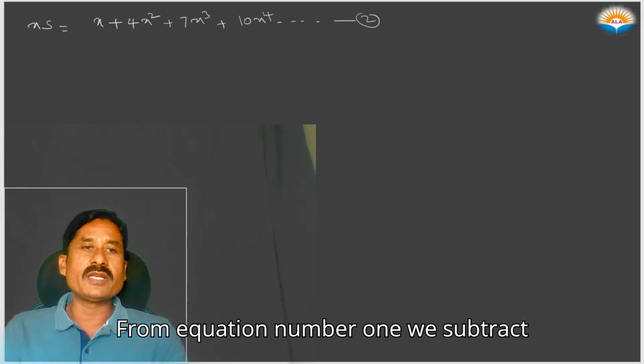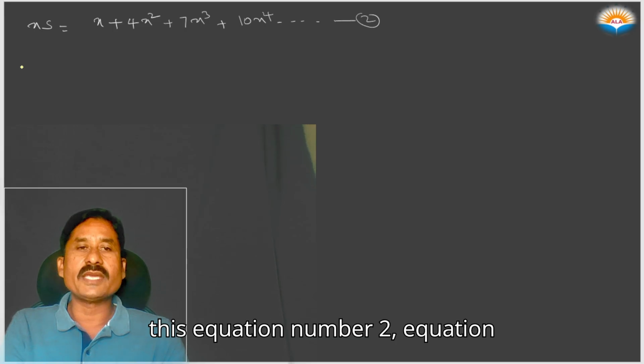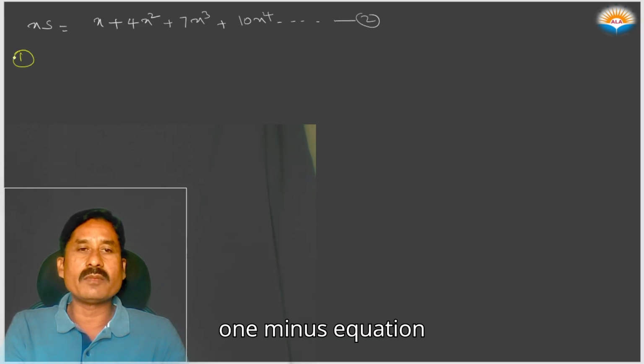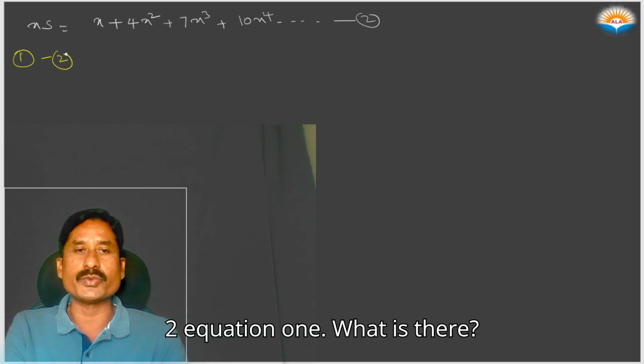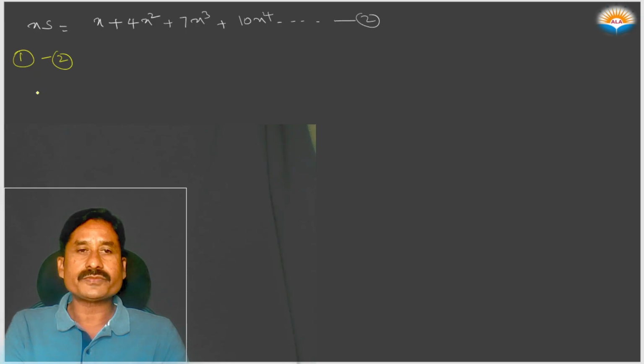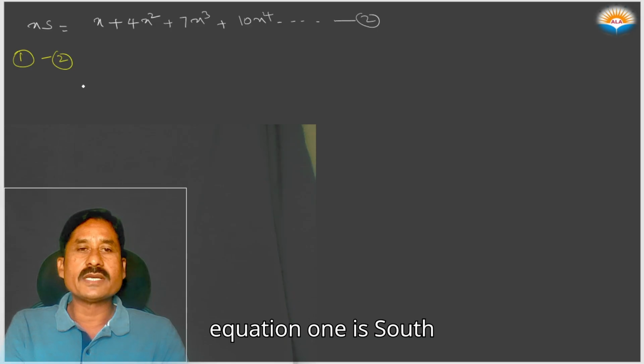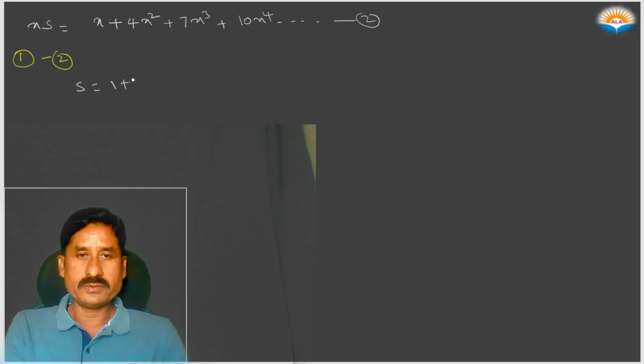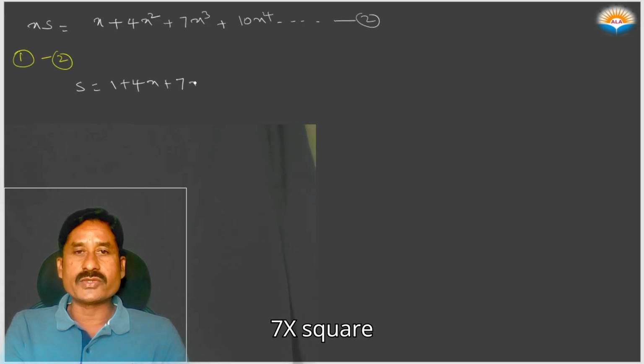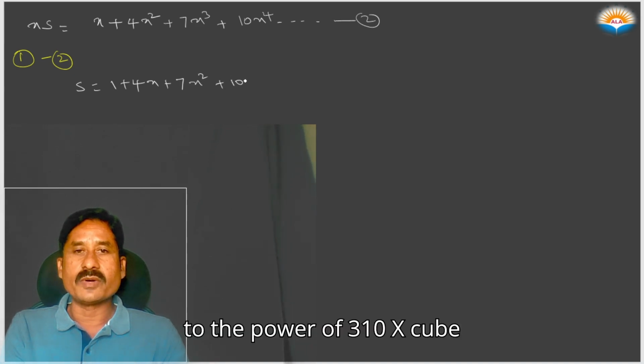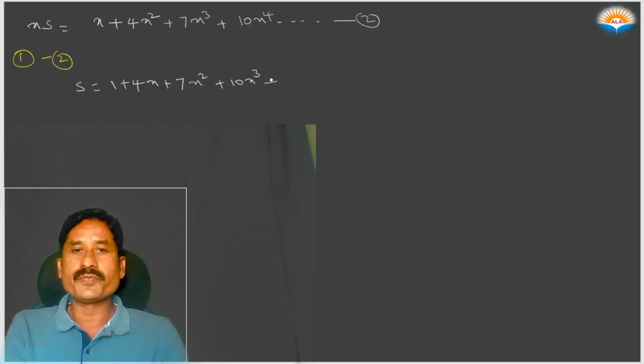From equation number 1, we subtract equation number 2. Equation 1 minus equation 2. Equation 1 is S is equal to 1 plus 4x plus 7x square plus 10x cube, plus so on.